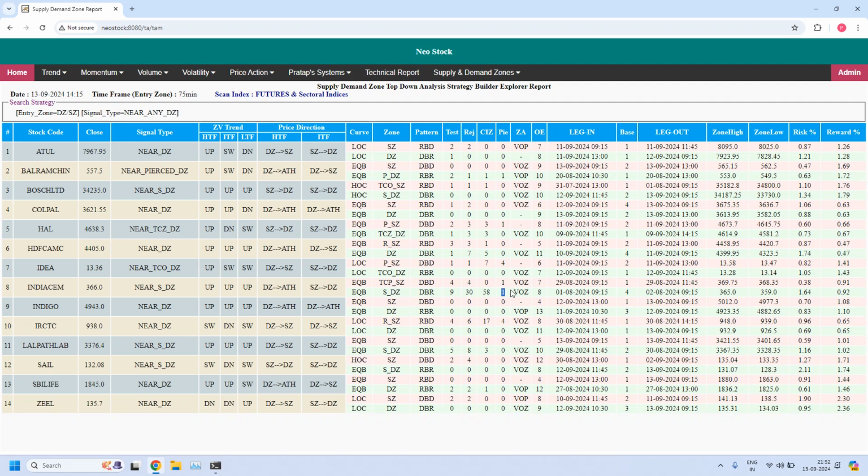And Ultratech Cement is pierced, so it's not a valid zone. And Lalpath Lab is having a high liquidity zone. SAIL is having a high liquidity zone. So we have identified 3 high liquidity 75 minutes demand zones from this list.